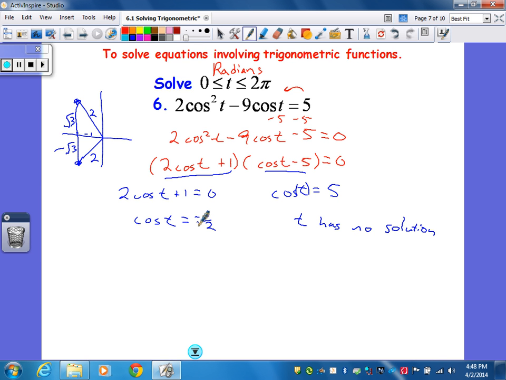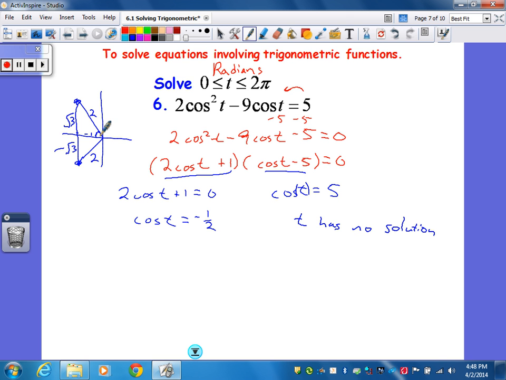Okay, so now we think, okay, cosine t negative 1/2. Well, 1/2 is just a 60-degree angle. So we know this is going to be a 120. Or, this is 60 because of our 1, 2, square root of 3, or our 90, 30, 60-degree angle.